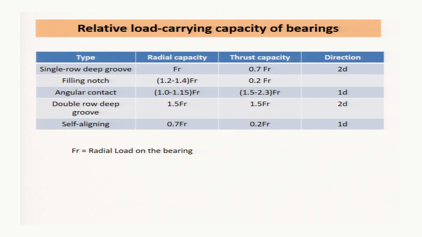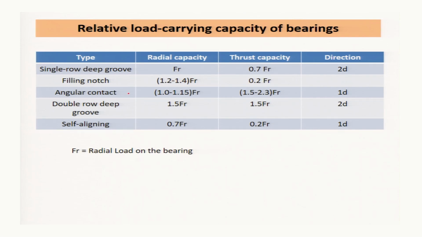In the filling notch, these are the values. In comparison to the single row deep groove ball bearing, the Fr is the radial load that the deep groove ball bearing can take. So, in the filling notch, it will be 1.2 to 1.4 times this Fr.